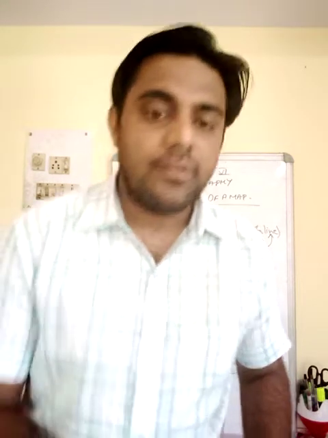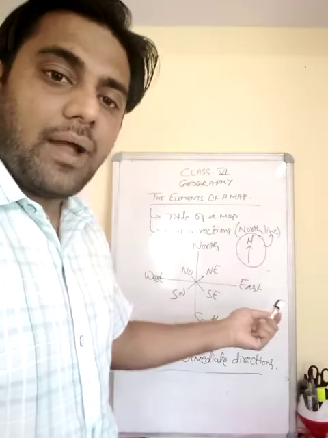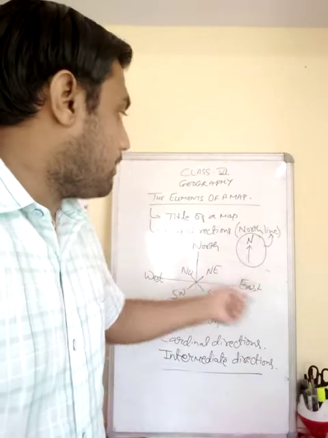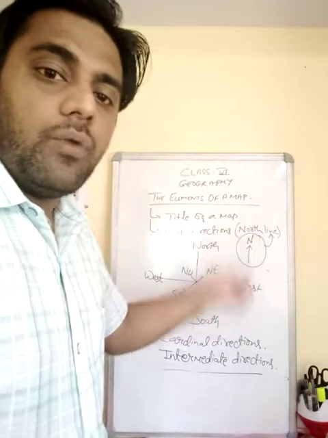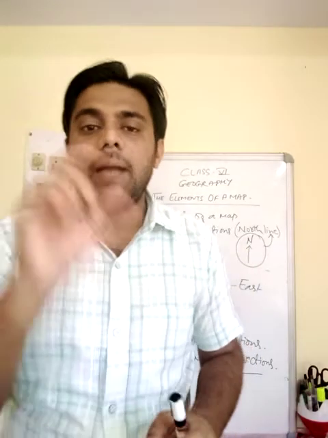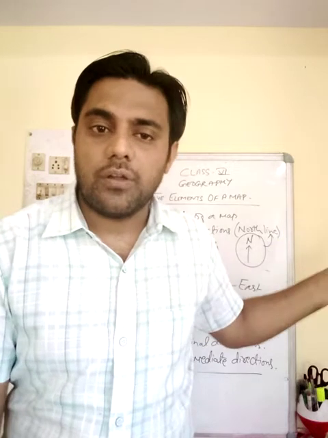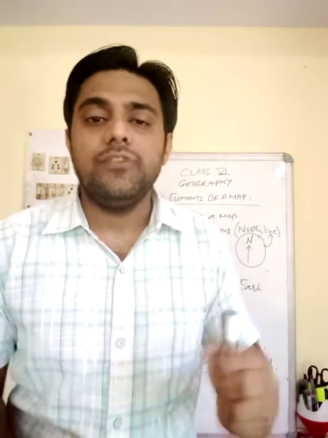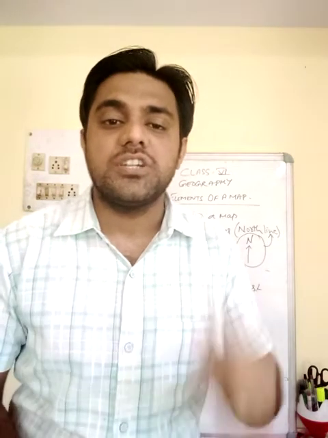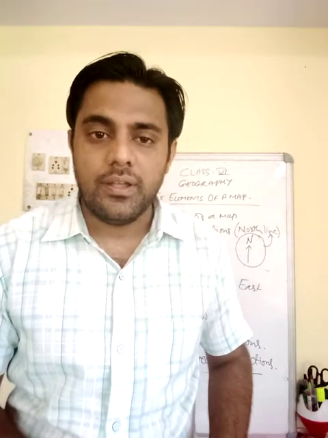So remember, dear children, the most important part of map direction is the presence of the north line. What is the north line? The north line is an arrow with a capital N marked on top, located at the top right corner of the map, whose purpose is to show the north direction on the map.